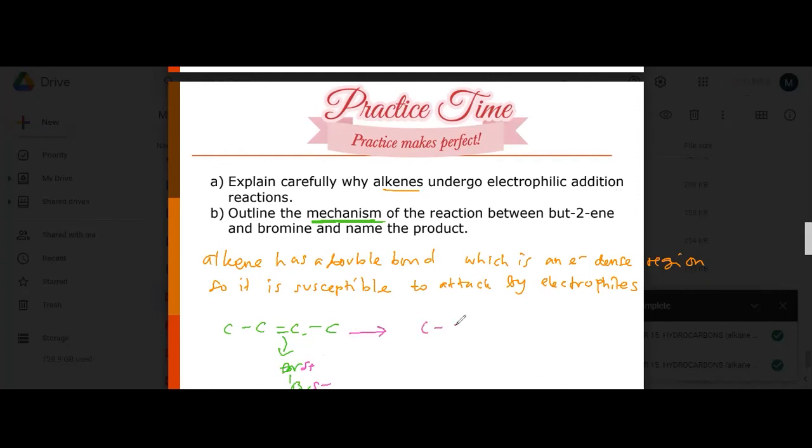And then this will produce the carbocation, like this. Don't forget heterolytic fission, forming the Br anion. This will attack this, and this will produce the product.